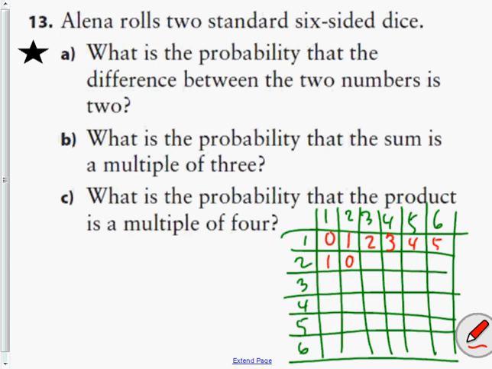This would be the difference here. This would be the difference here. And so on and so forth. 4, 3, 2, 1, 0, 1. And 5, 4, 3, 2, 1, and 0. So the difference of the two numbers is 2.